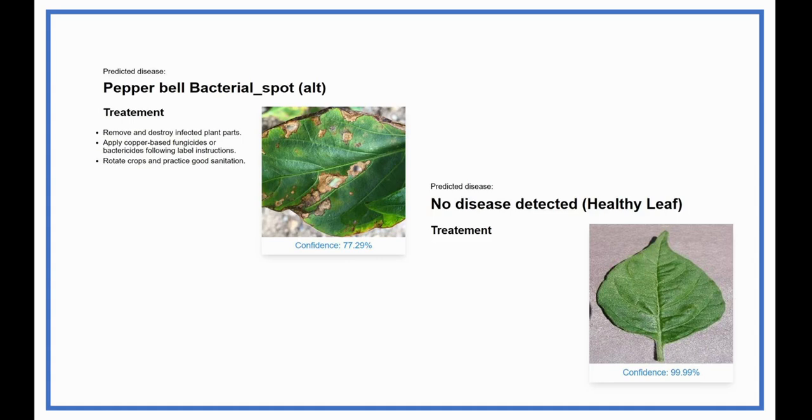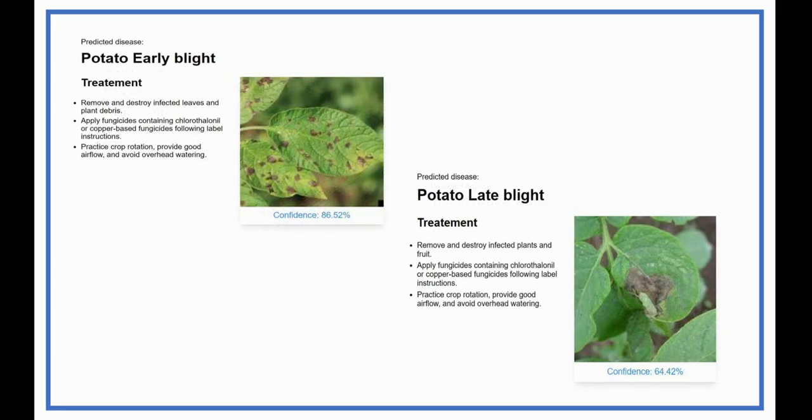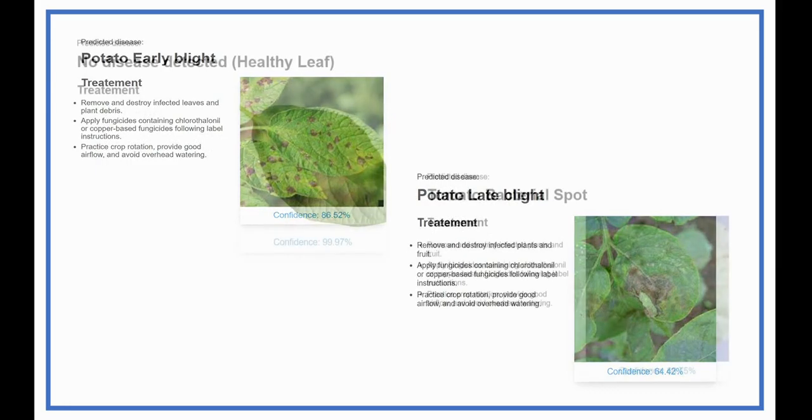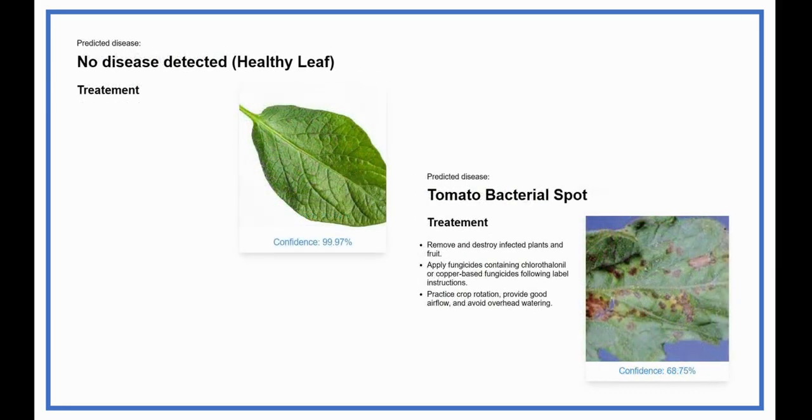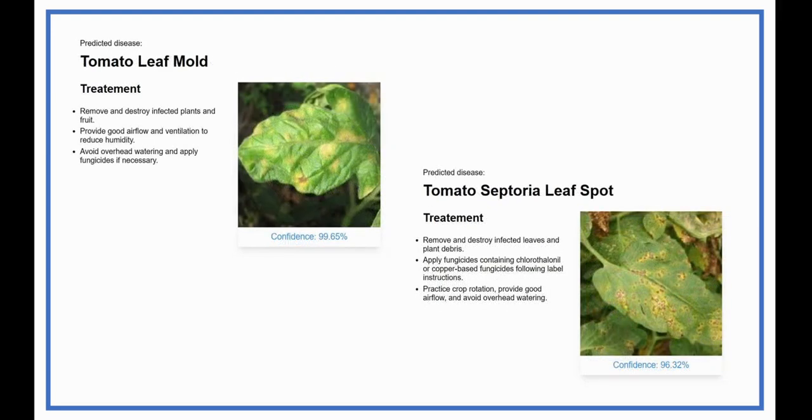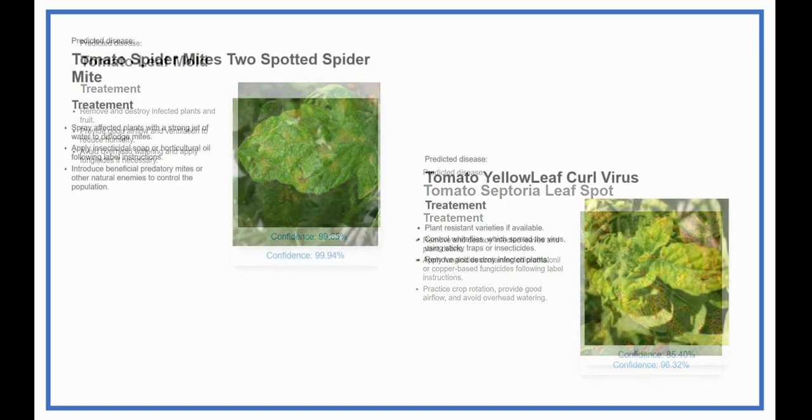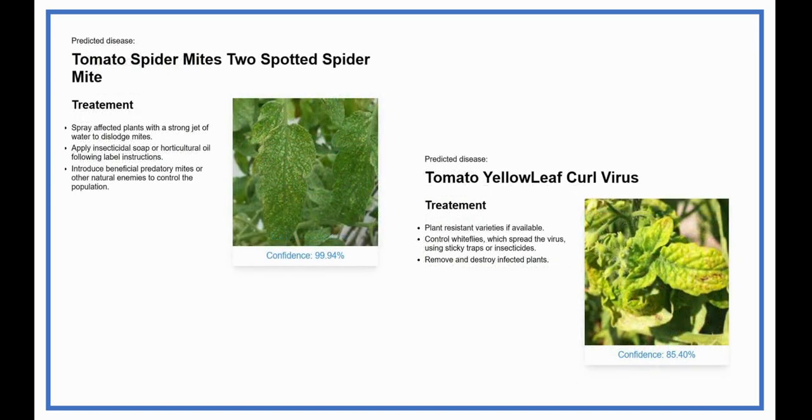If there is no disease on the leaf, we get "no disease detected". The prediction matched the ground truth tables with high accuracy. The results were validated using the confusion matrix and accuracy metrics, with promising outcomes for real-world application.